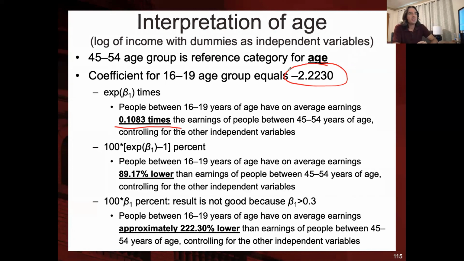That's the reason that whenever I have these negative effects, I calculate the exponential, but then I transform it into percentage terms, so the analysis is easy to understand. People between 16 and 19 years of age have on average earnings 89% lower than earnings of people between 45 and 54, controlling for the other independent variables.